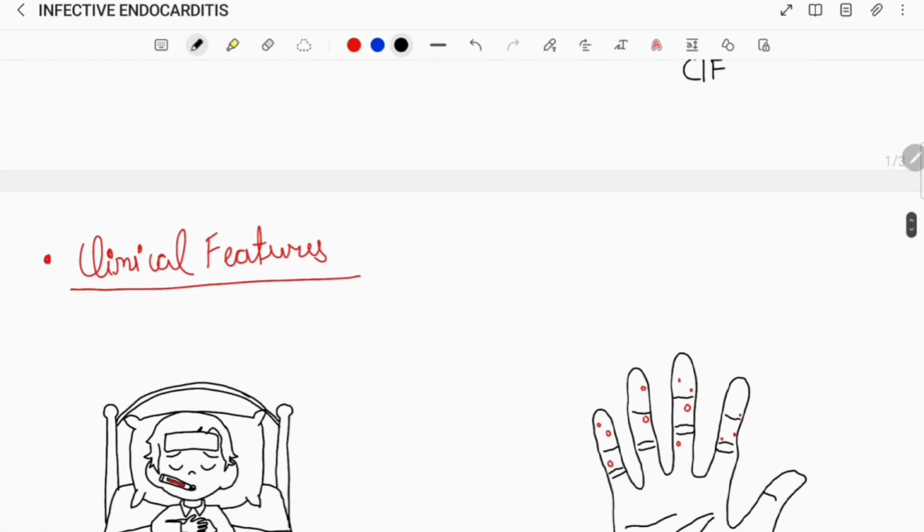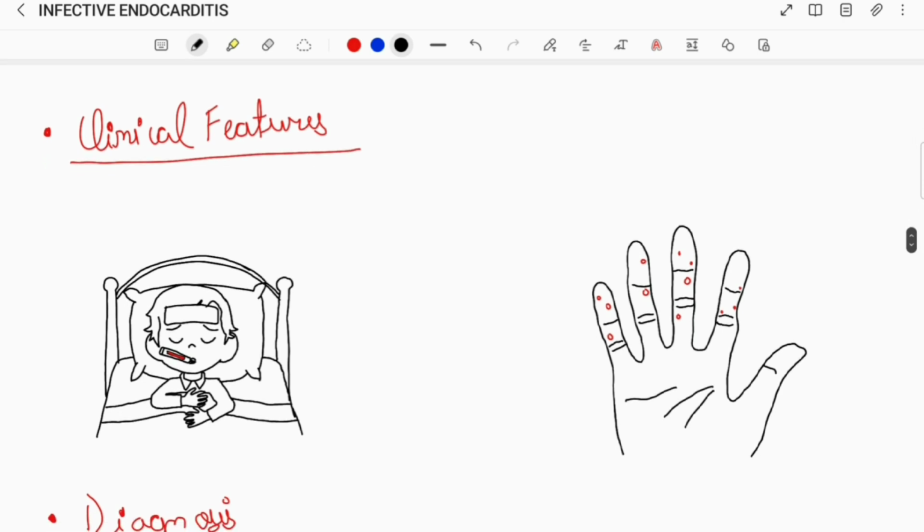Now, if I talk about the clinical features, they are broadly divided into three parts.